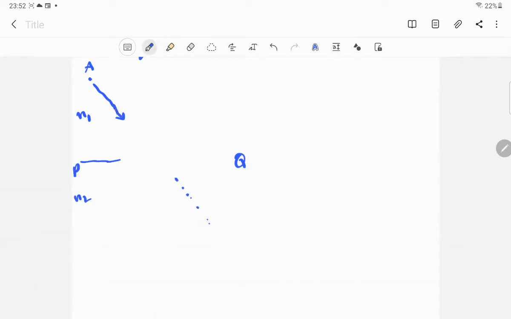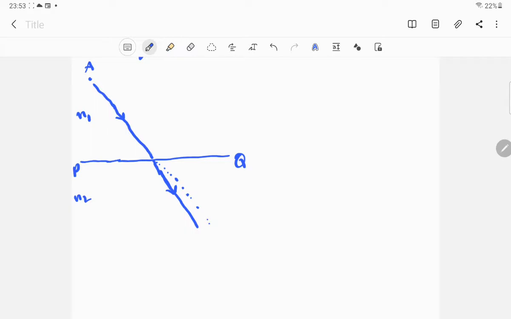So the ray of light is coming like that and falling on this surface PQ. If there was no medium, it was supposed to go like that, but actually since it has encountered this surface between two media, it will deviate from that line. It will look like this and go away like that.